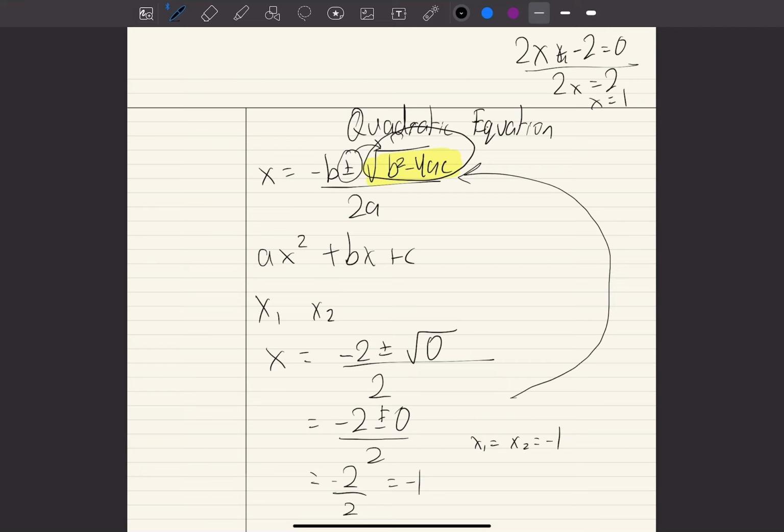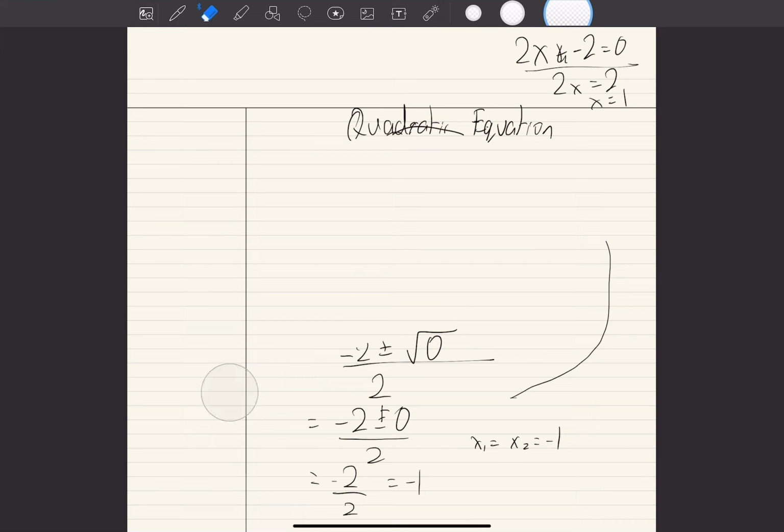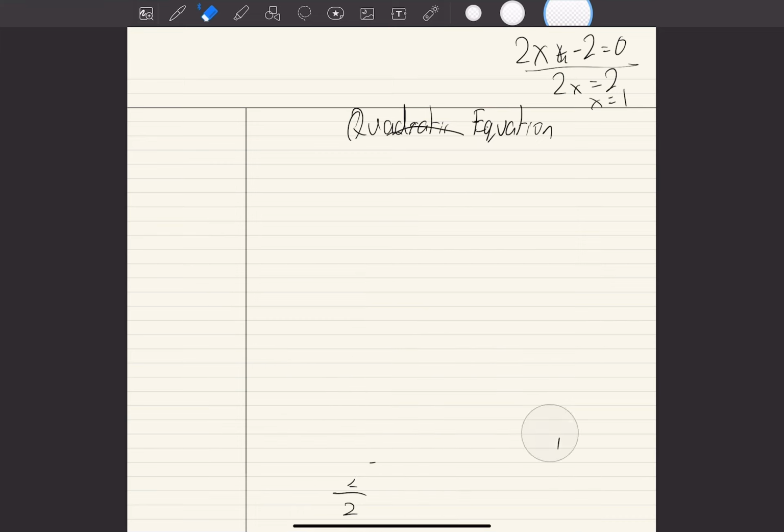Now, that's the main part of this chapter, b squared minus 4ac, and I want you guys to remember b squared minus 4ac because we will be using that a lot in this chapter, like a lot. So if a student said that if b squared minus 4ac is equal to 0, we would only get one solution, the student is correct.